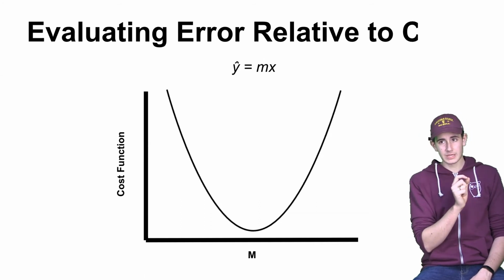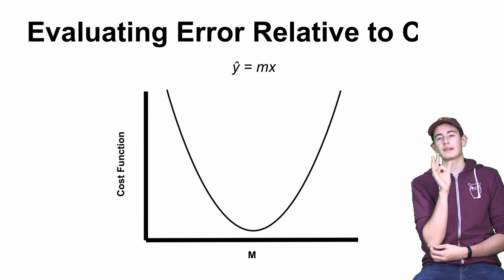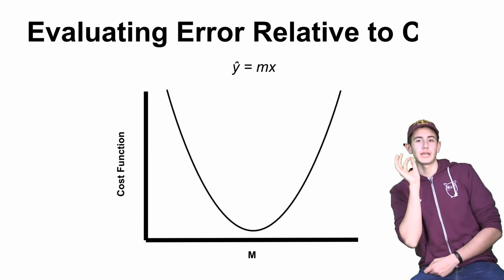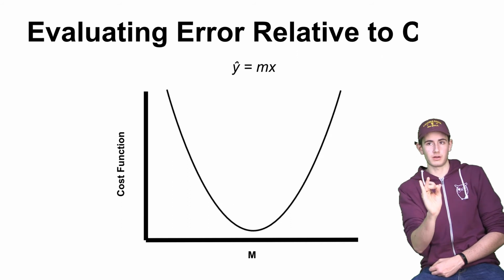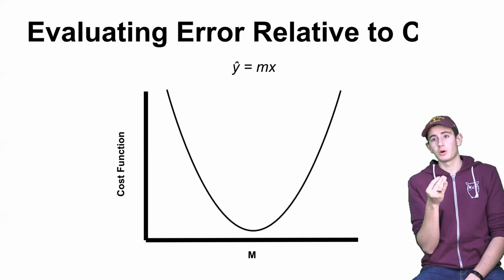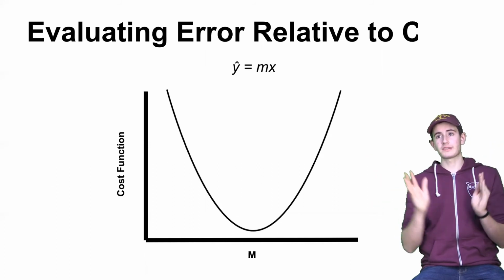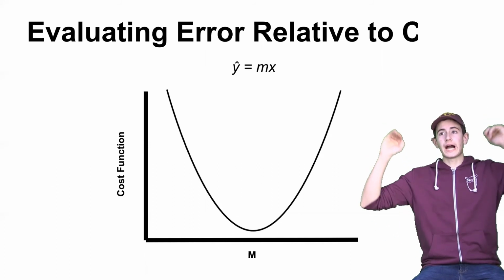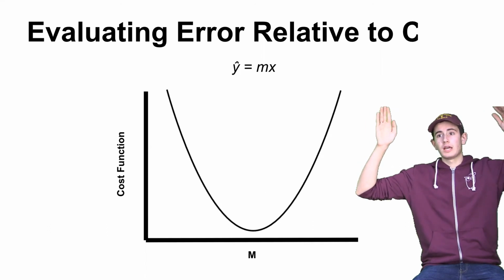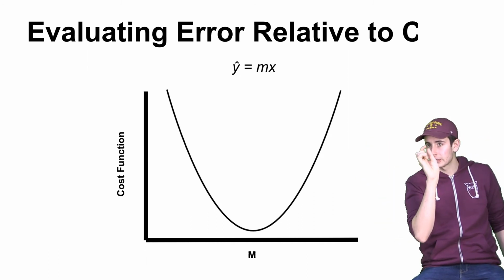There's some value of m that optimizes the cost function so that it is at its lowest. We see that there are values that ensure that the cost is really high, like on the edges here. The cost is really high when the m value is on the extremes. And then as we get to some minima, there's some m value that's perfect, that ensures the lowest cost.